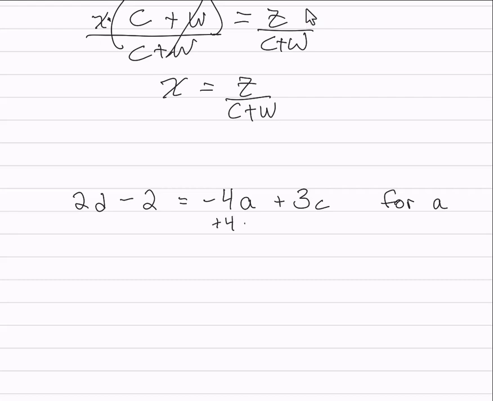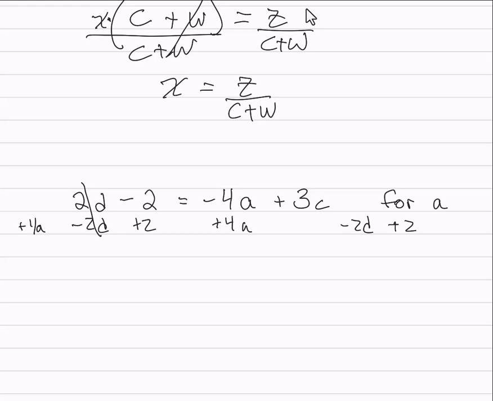So I'll add 4a to both sides, and then since I'm putting the a on the left-hand side, I need to get rid of the stuff that's on the left-hand side. So I had a positive 2d, so I'll subtract 2d. I had a minus 2, so I'll add 2. So I'm doing the inverse of those operations. So 2d minus 2d, those cancel. Minus 2 plus 2.